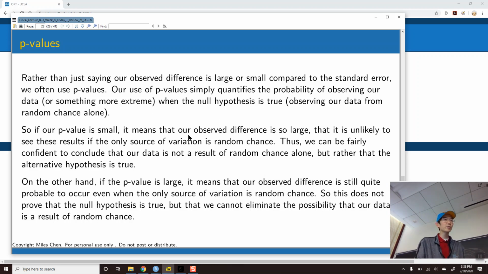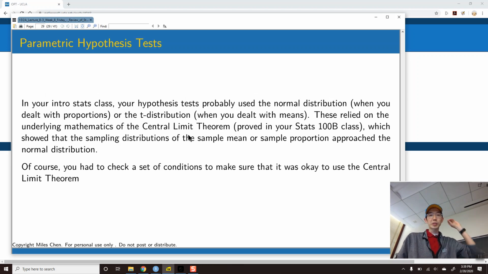This doesn't prove that the null hypothesis is right, but at the same time, we can't eliminate the possibility that this difference of 2 was just a result of randomness. So we say, I will not reject the null hypothesis, and I'm not ready to conclude that the two populations have different means.